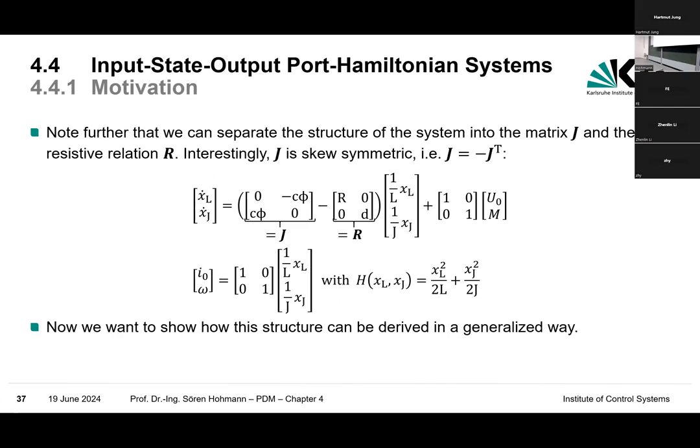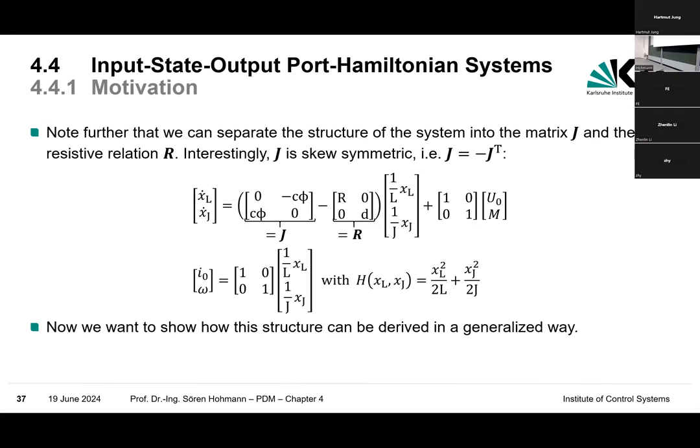The matrix J is the interconnection, and R is the dissipation part. We can see J is equal to negative J transpose.